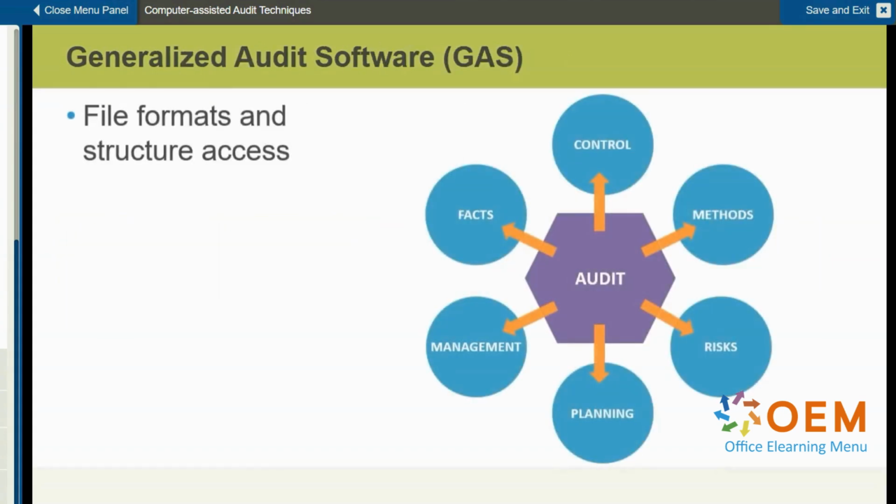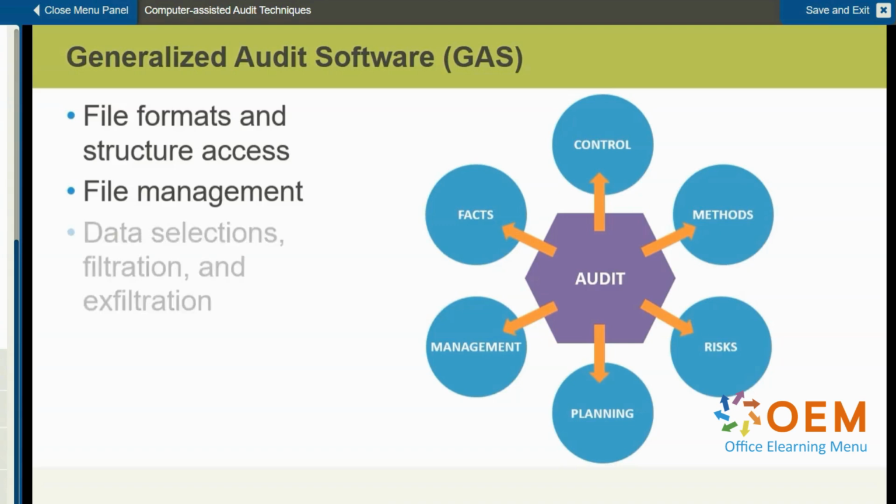GAS is standard software that has the ability to specifically read and access data from a wide variety of different database platforms. For example, MySQL, SQL, NoSQL, Oracle, as well as flat file systems and ASCII formats. It's a valuable tool for file management of the data files, making it easier to analyze and do high-level problem solving.